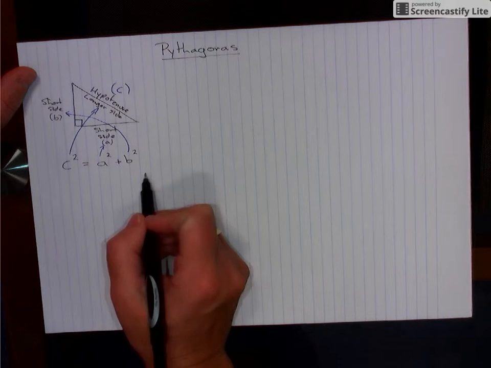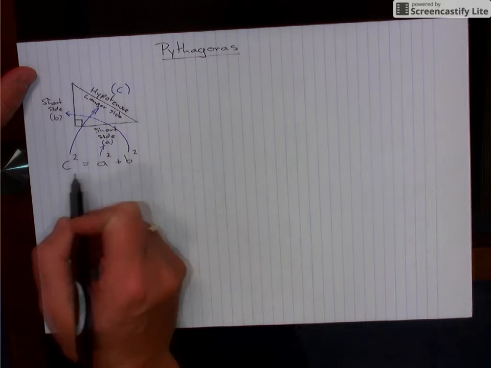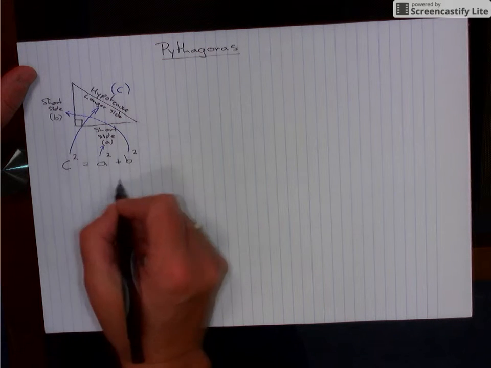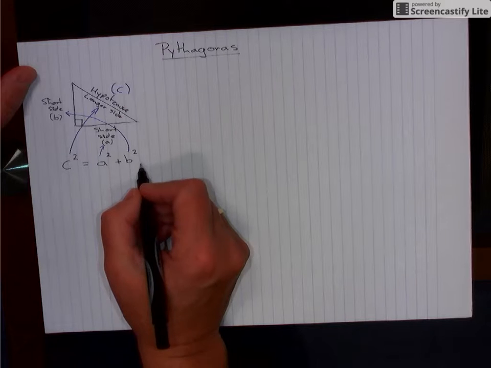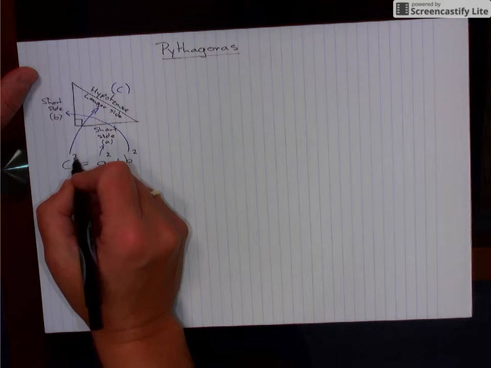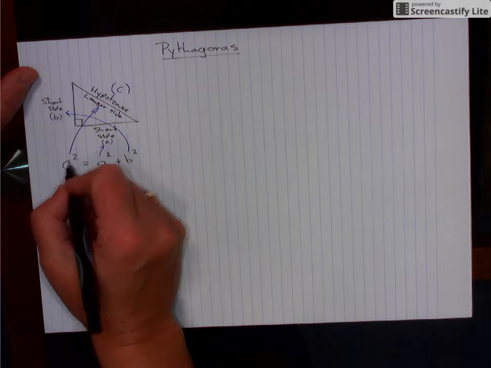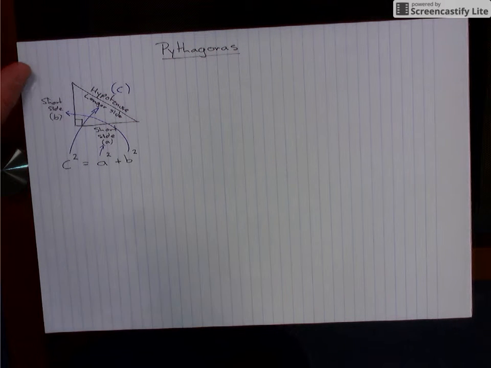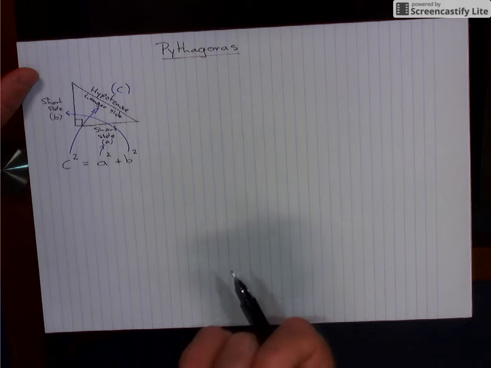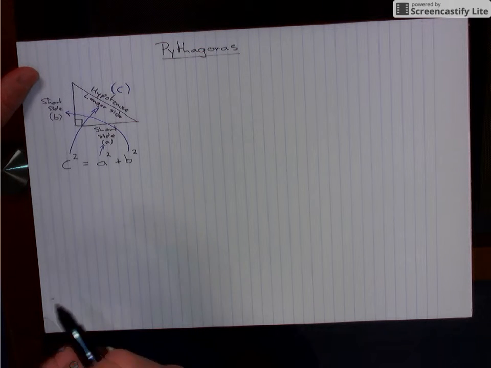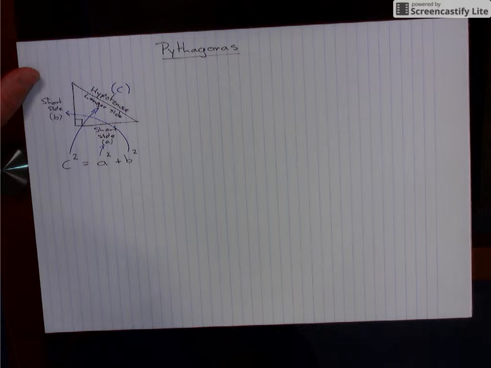You can use the formula just as it is, or you can rearrange the formula so that once you get the answer to the right-hand side, you don't have to find the square root. So we know that the opposite to c squared is the square root of c, or the square root of something. If I give you the number 100 and say it's the square of something, then we know that the original number was 10.